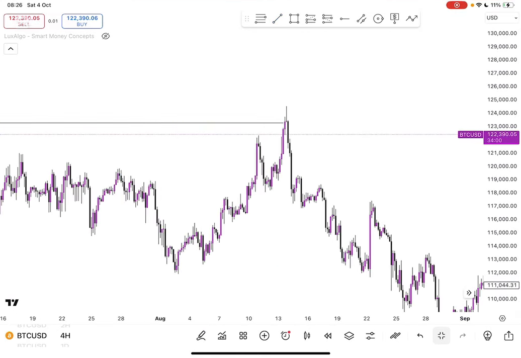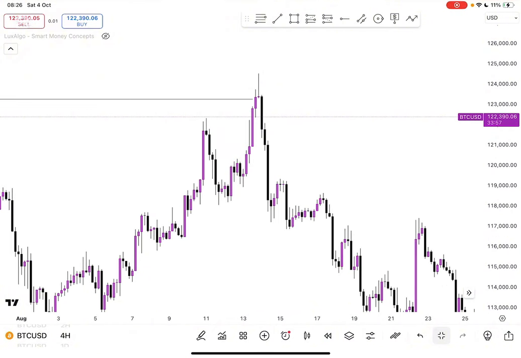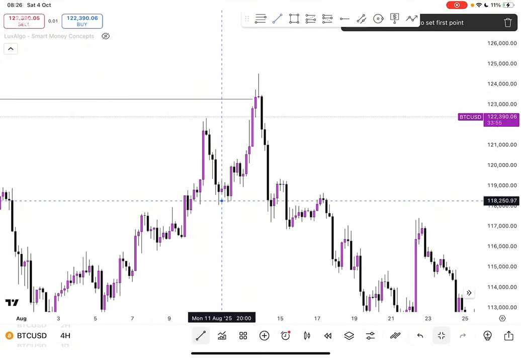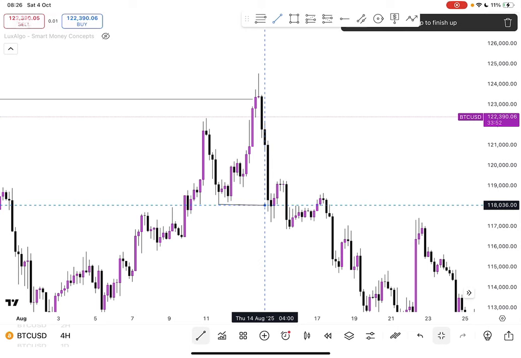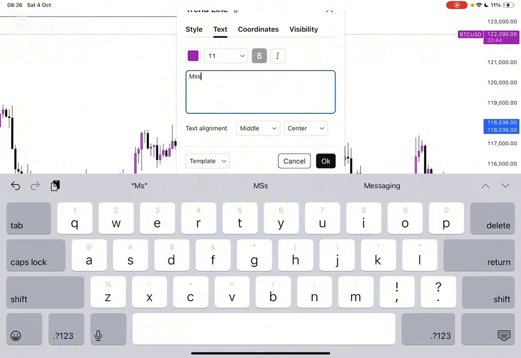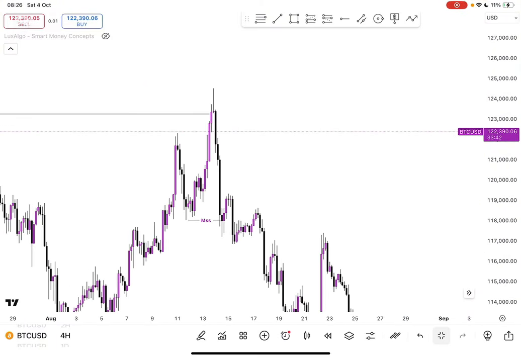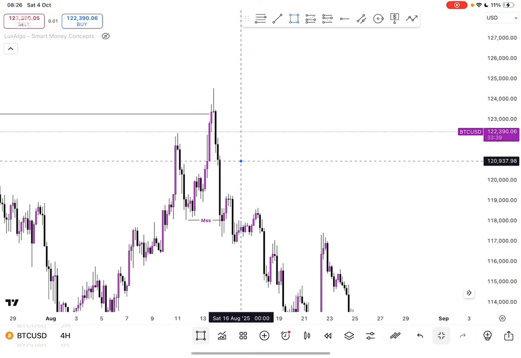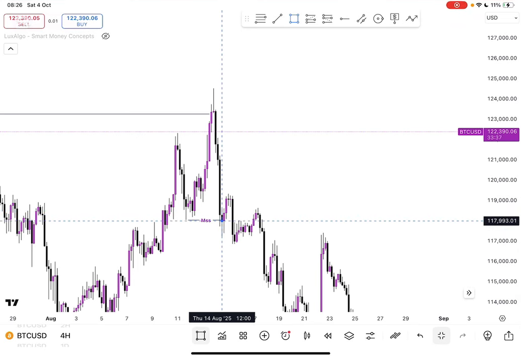After taking out that liquidity, it gave us a shifting structure here. This is a market structure shift here. And the origin that caused this shifting market structure, as you can see, markets take out the liquidity, come back, give us shifting structure.